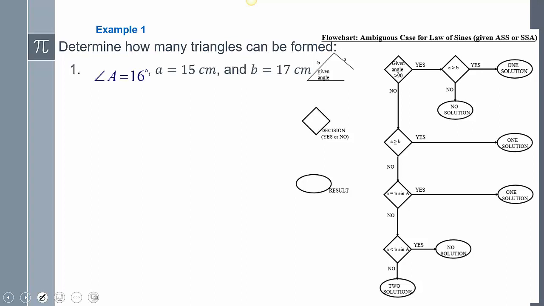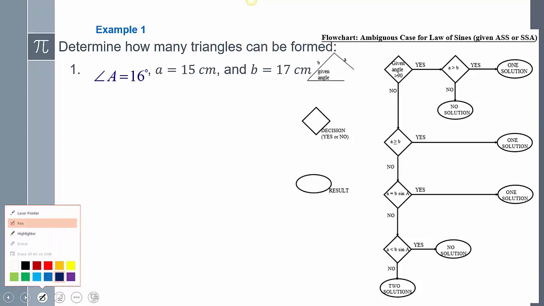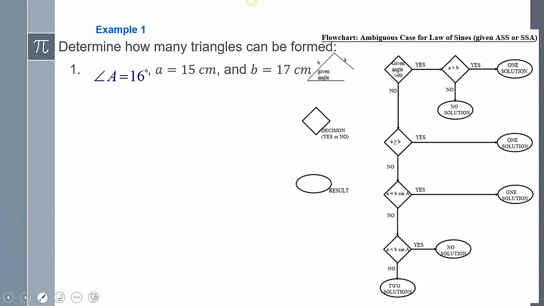So this first one, given the angle is 16, A is 15, and B is 17. Okay, so what we're going to do is compare it. Is your given angle greater than 90 degrees? No. Okay, so now we're here.